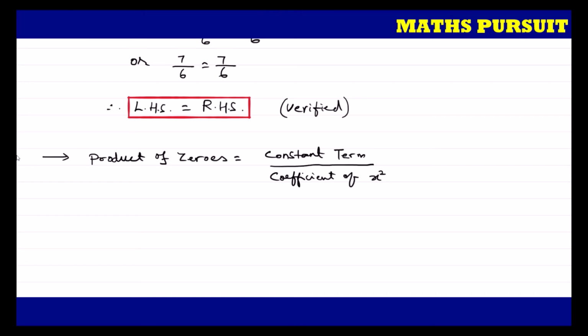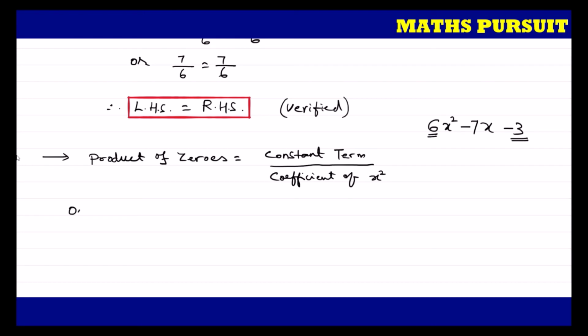Let me again rewrite the given quadratic equation, which is 6x² minus 7x minus 3. This minus 3 is the constant term and this 6 is the coefficient of x².